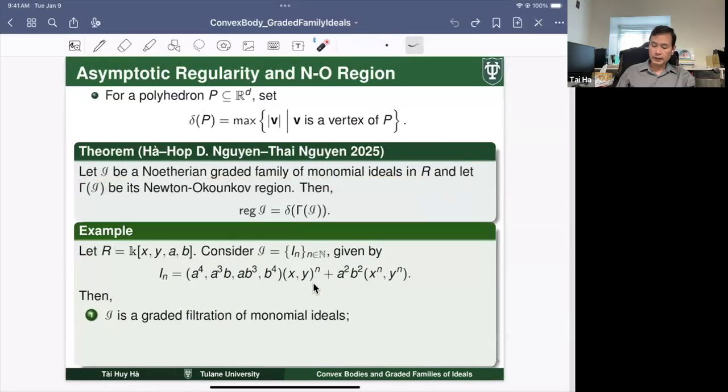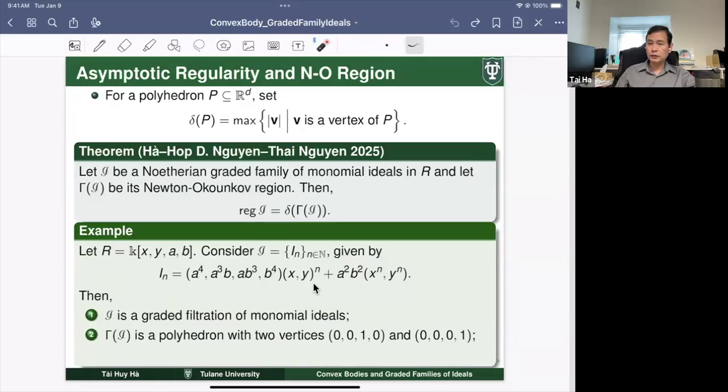So again, let's look at an example. This is a modified example of the one that we have seen before. The first component of the nth element in the family is still the same. The second component, we still have a squared, b squared, but instead of x y to some power, we now have x^n y^n. This is a graded family of ideals. The Newton polyhedron has exactly two vertices given by (0,1,0,0) and (1,0,0,0,1).